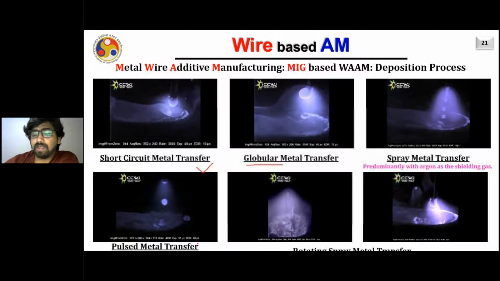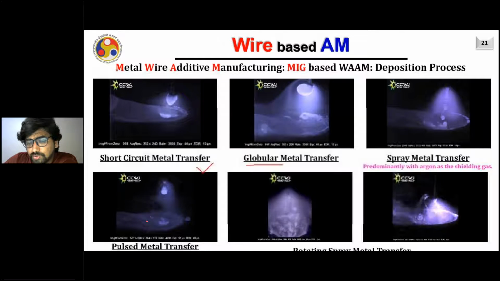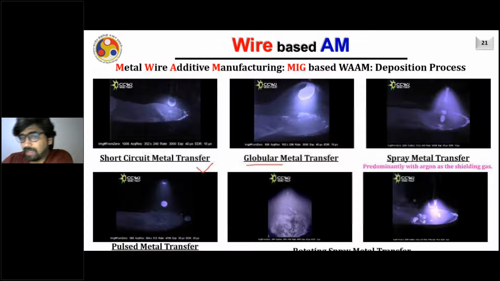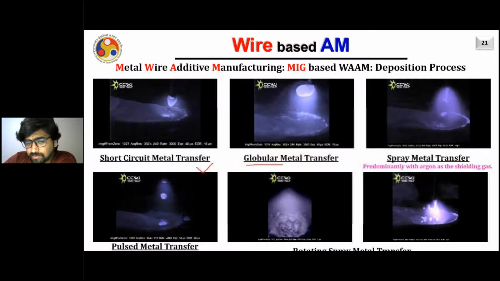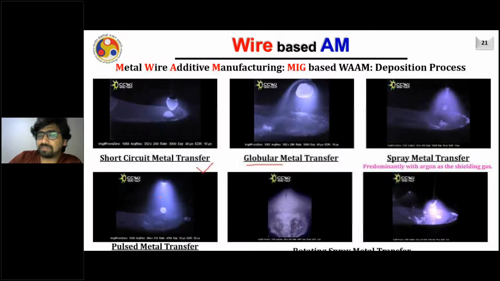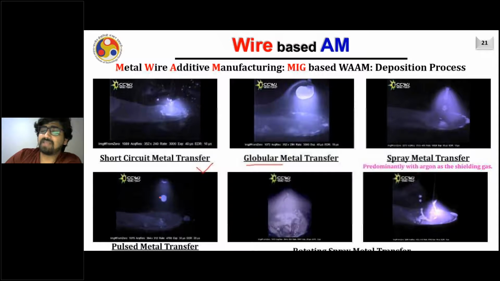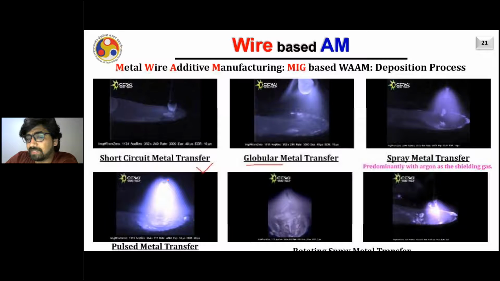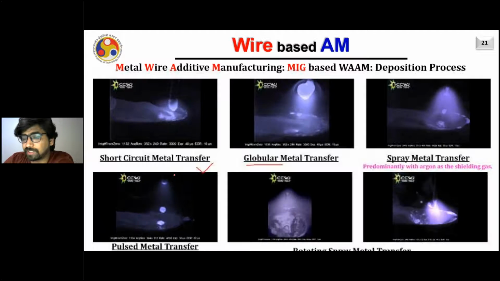Why so? Because the average energy used in the case of pulse metal transfer is quite low. You can see what exactly is happening here. The arc is illuminating and then again reducing its illumination, right? It is happening not because the wire is striking into the melt pool and completing the short circuit. No, it is not short circuiting.